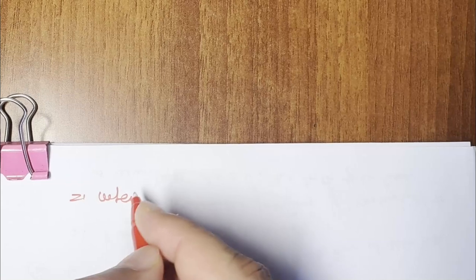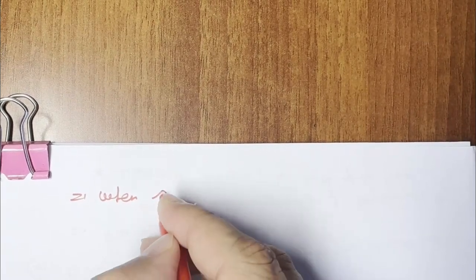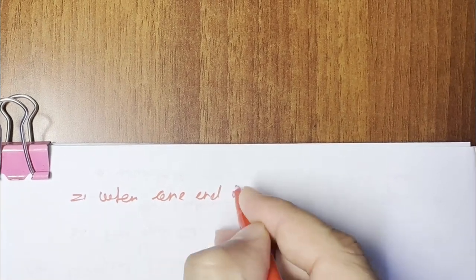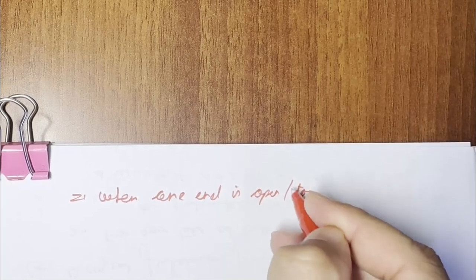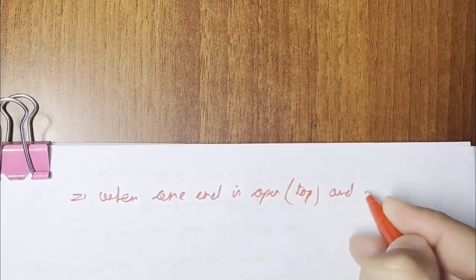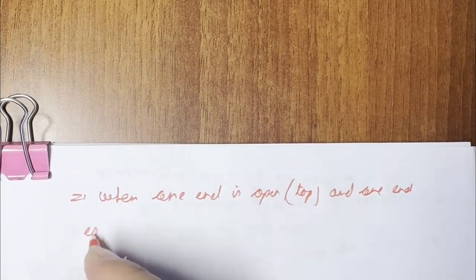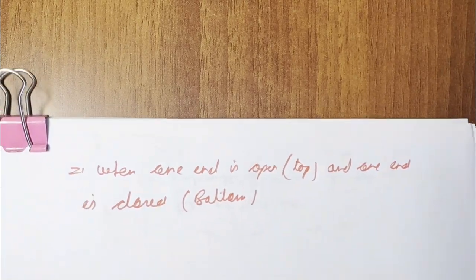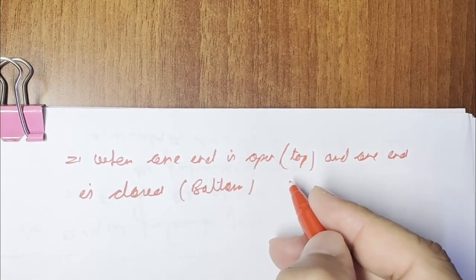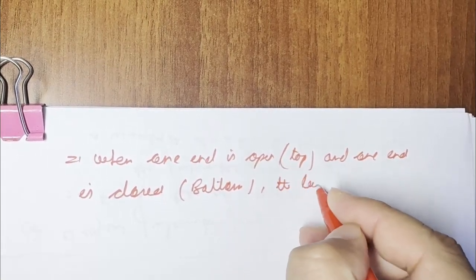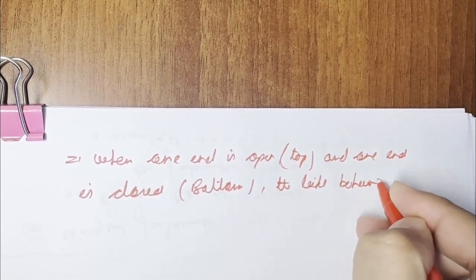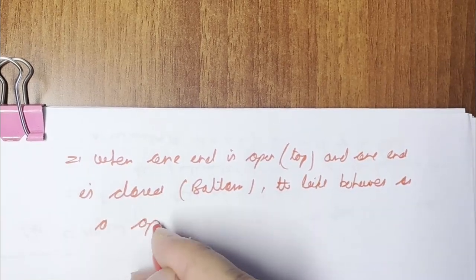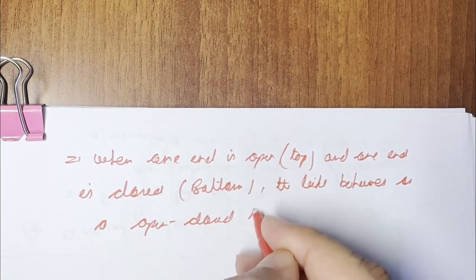Therefore, when one end is open, which is the top, and one end is closed, that is the bottom, the tube behaves as an open closed tube.